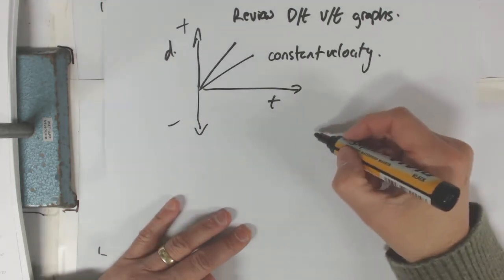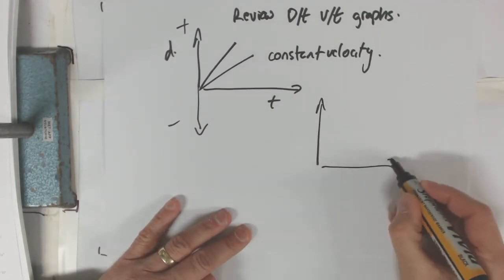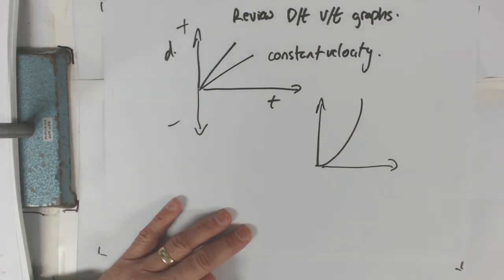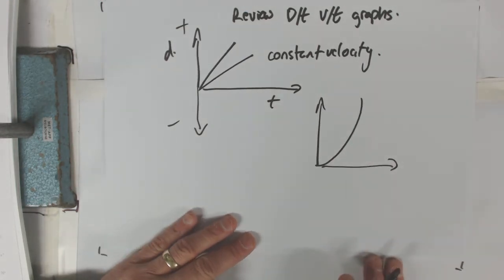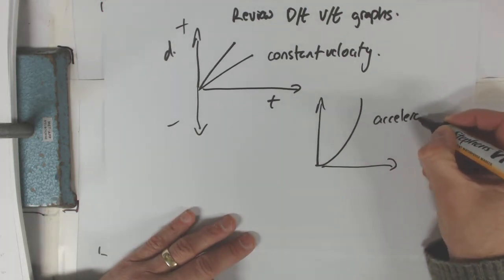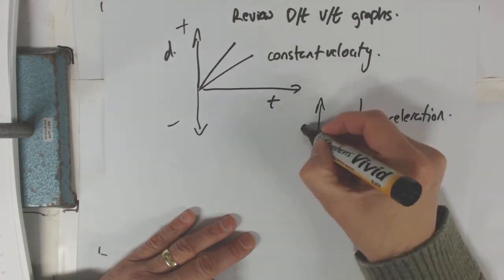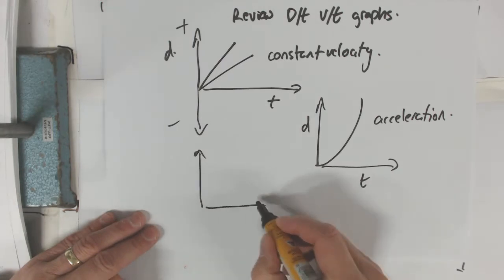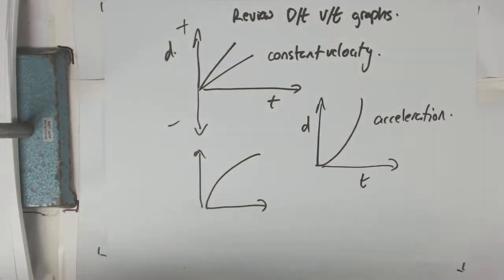Now, what about curves? Well, with curves, if the gradient's getting bigger, then that velocity is changing and it's increasing. So we would call that an acceleration. This is still on a dt graph. Remember the graph where we had that type of curve?